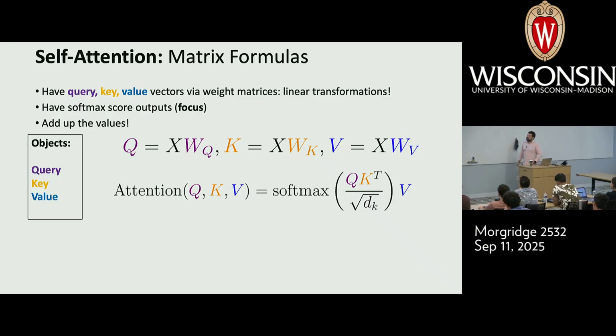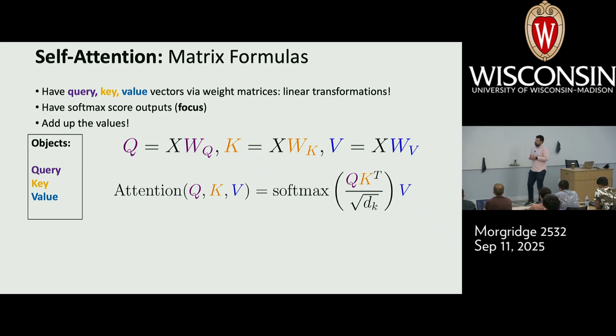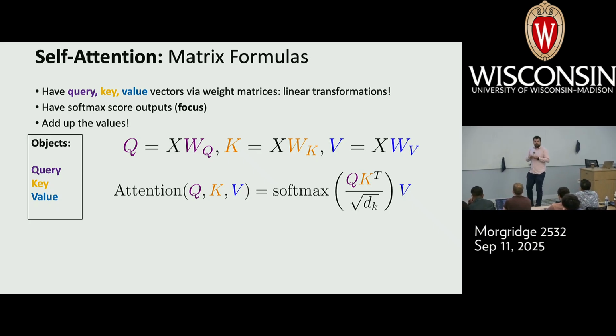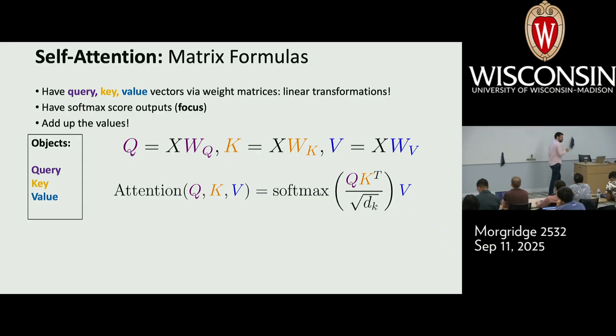Then my attention operation is actually something very, very simple. I can write it in the most compact form like this. It has 3 inputs: the query, the key, and the value matrices that we just wrote down. All it does is run softmax on the query times key matrix multiply, do that little normalization that we talked about, and then take those softmax scores and multiply them by the value matrix.